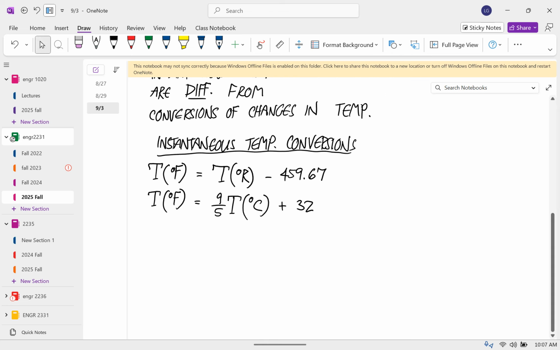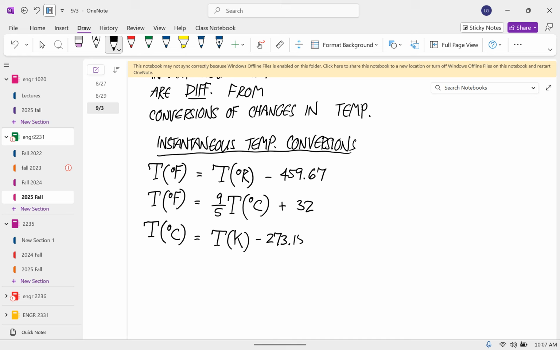And the conversion between Celsius and Kelvin, the temperature in Celsius is the temperature in Kelvin minus 273.15. I'm almost always going to leave that 0.15 off. But so absolute zero is at minus 273.15 degrees Celsius. Yep. Professor, for the first equation, what is degrees R?